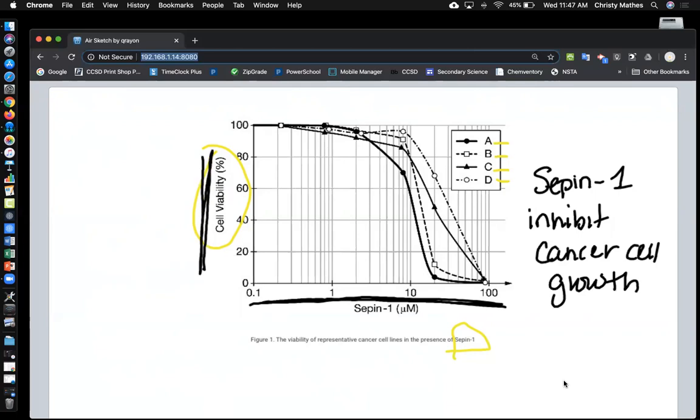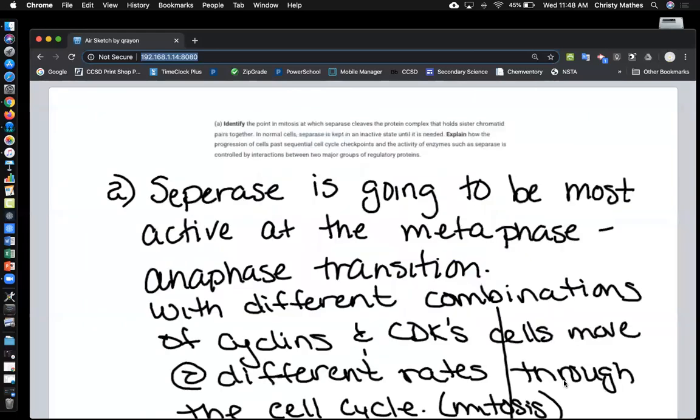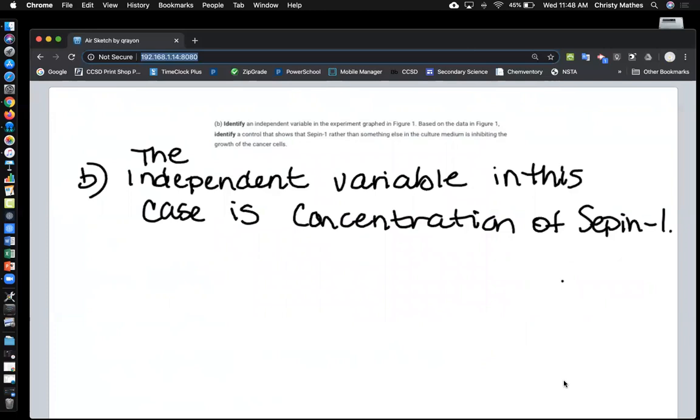So even if in your mind you cannot grasp what's actually happening in this experiment, if you're asked about the variables, you need to remember your good DRY MIX, right? Dependent, which is your response variable, is on the y-axis. Your manipulated or independent variable is always on the x. So now I can go back and I can answer that question easily.